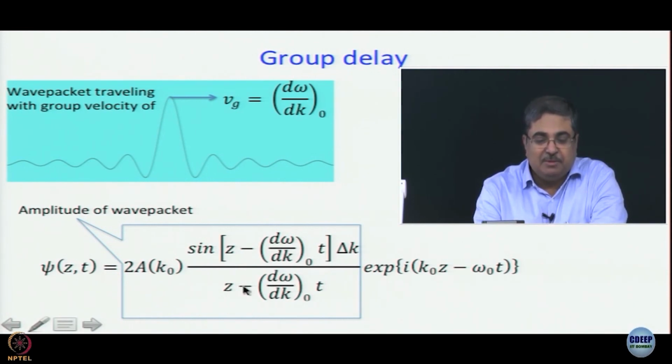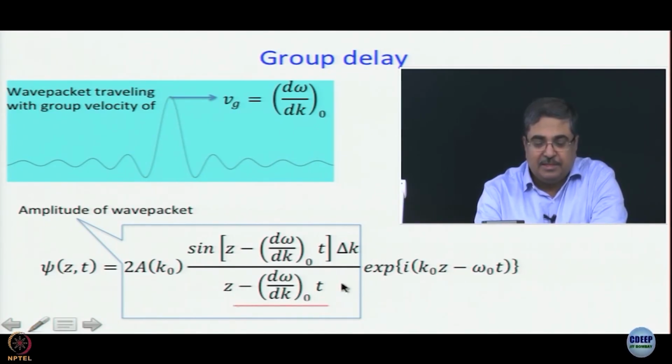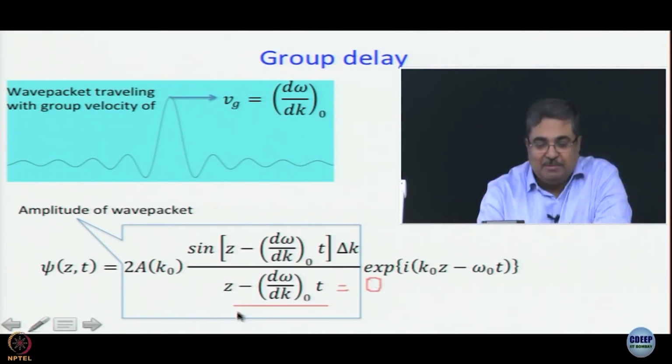Where will the function be equal to 0? z minus d omega by dk at k0 times t is equal to 0. That is where this is going to be equal to 0. Is that right? What is z by t?